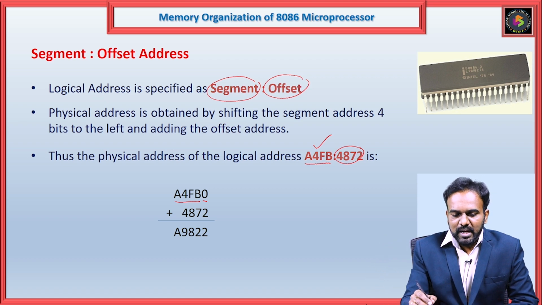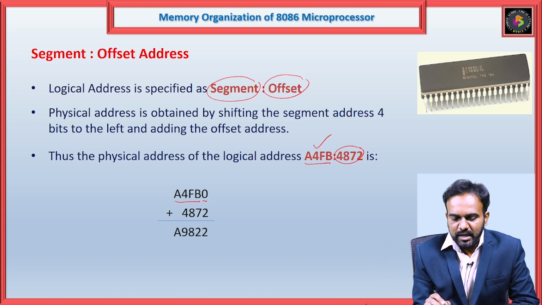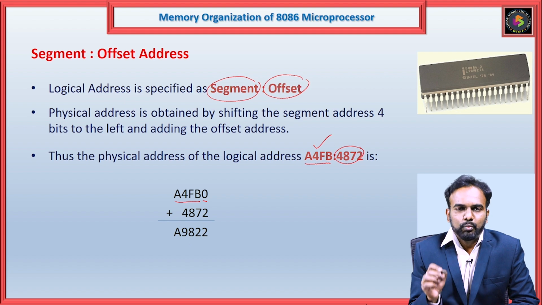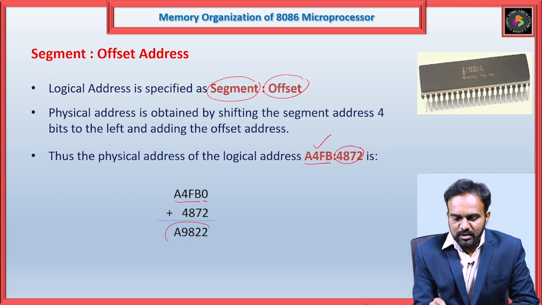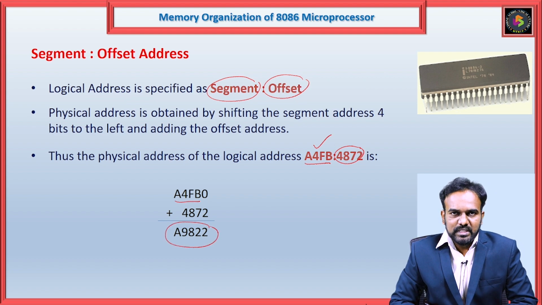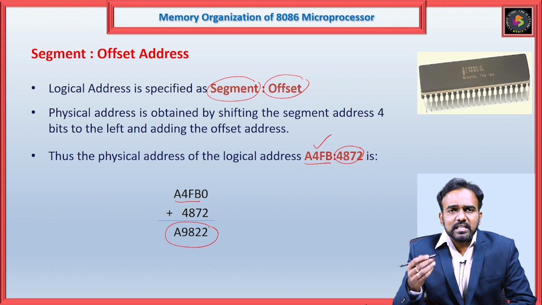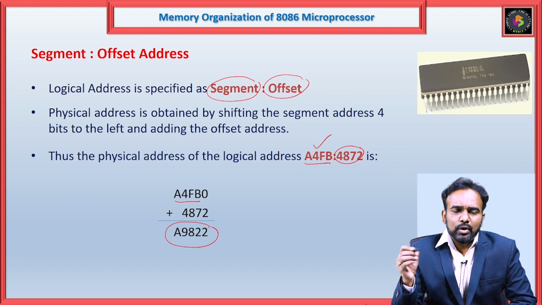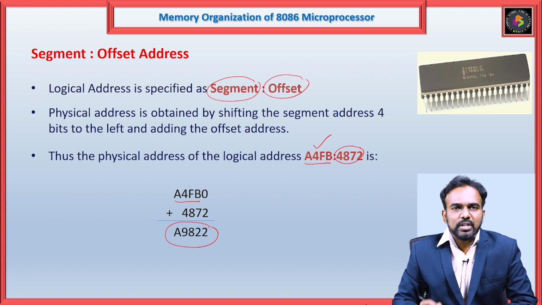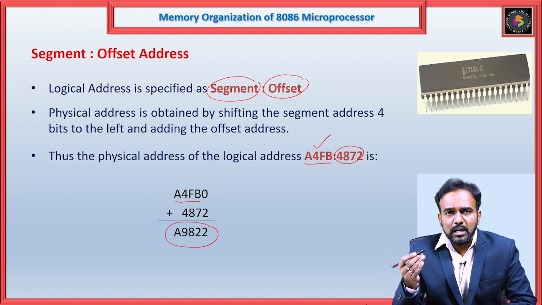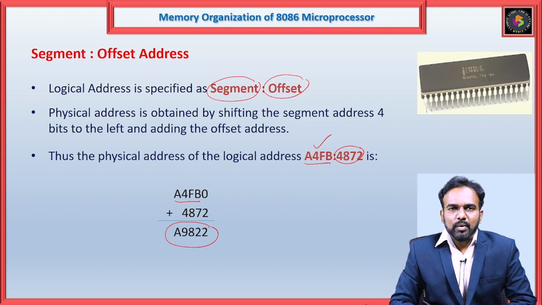Finally, after adding these two, we get A9822. This address we call the 20-bit physical address. To access the data from any location in the total of 10,48,576 memory locations, by using this technique, we access the data from the particular memory location.